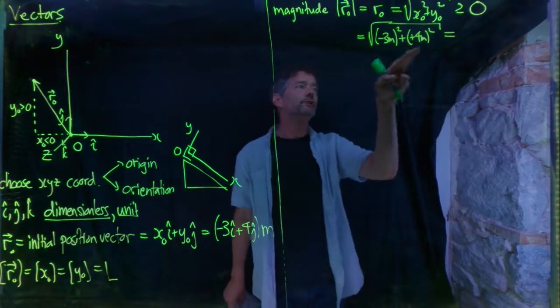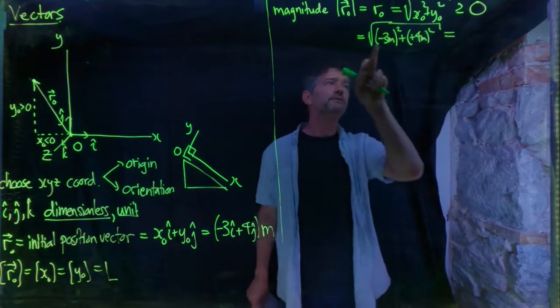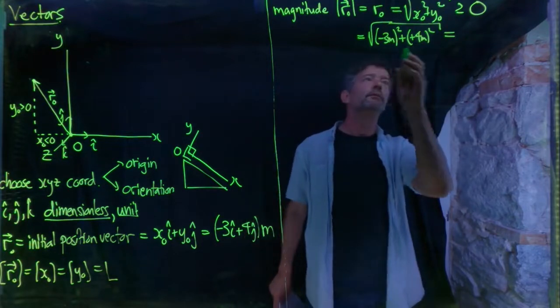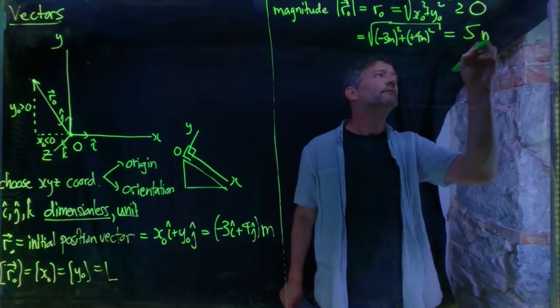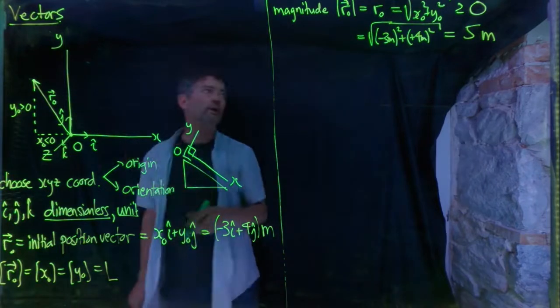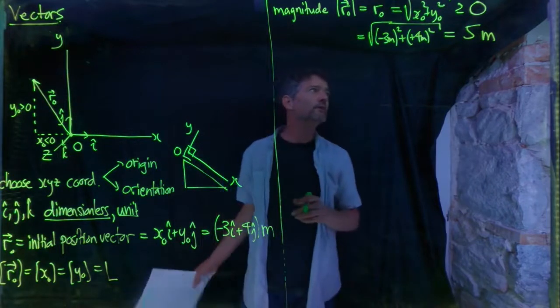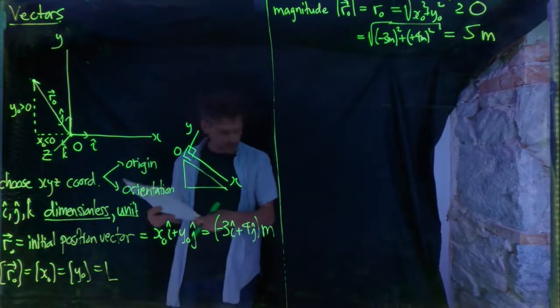So you have meters squared under the square root, and so it becomes meters, and 3 squared plus 4 squared is 9 plus 16, is 25, square root, and that is 5. So it's 5 meters. So the distance from the origin to the initial position of our baseball or whatever it is is 5 meters. Okay, very good.